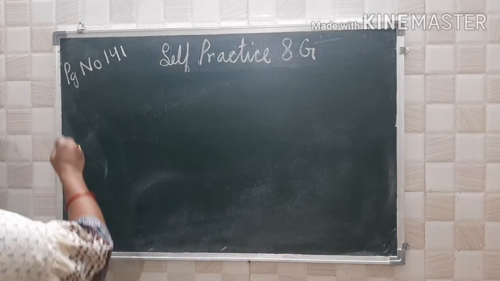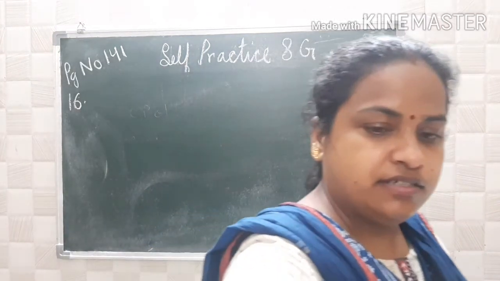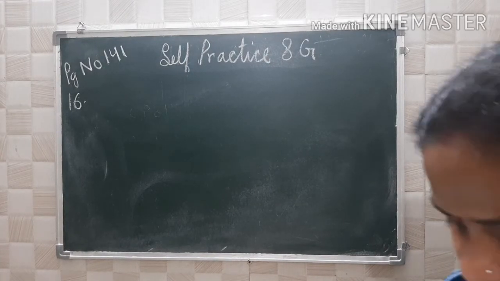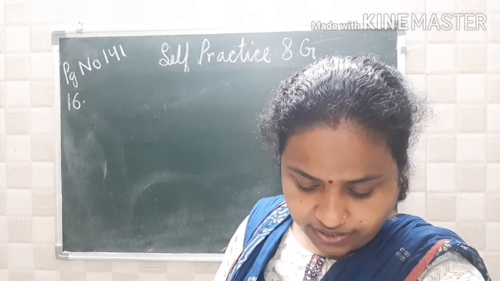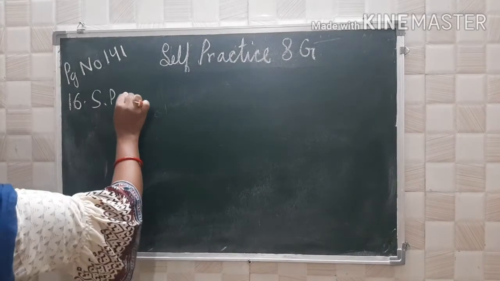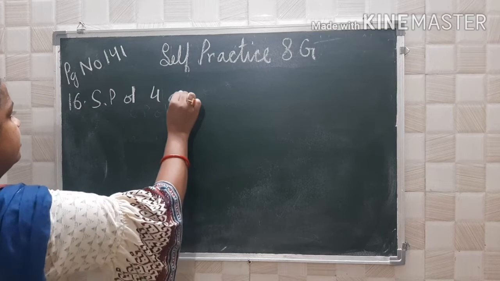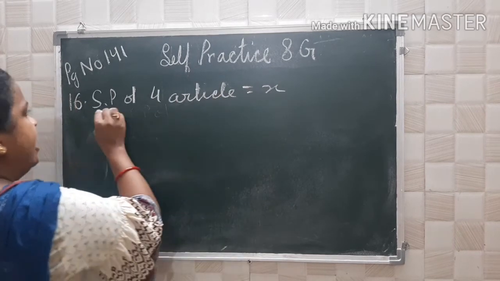Now comes question number 16. If the selling price of 4 articles is equal to the cost price of 5 articles, find the profit percent. SP of 4 articles is equal to x.